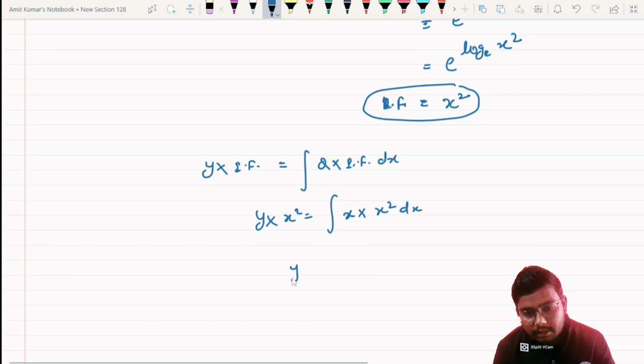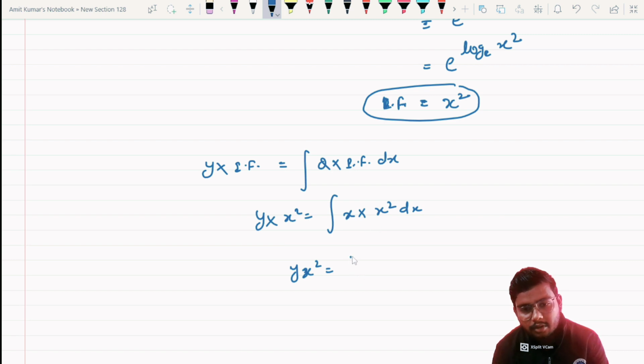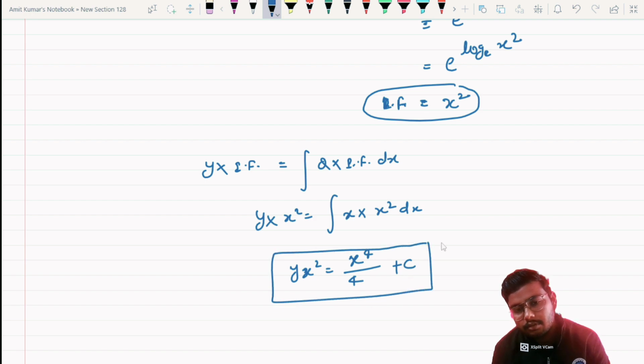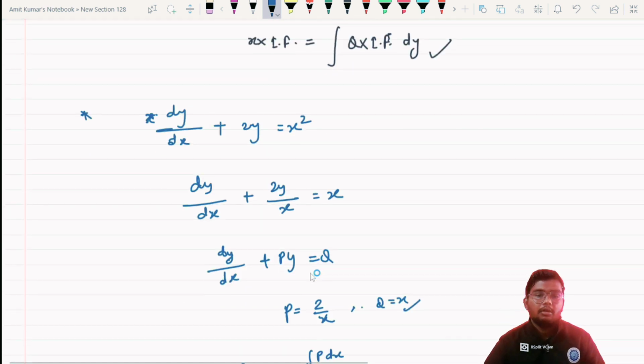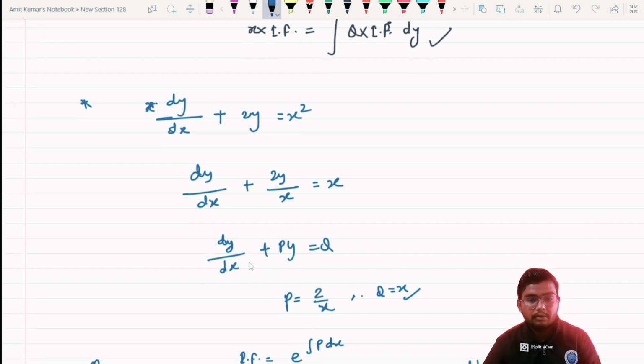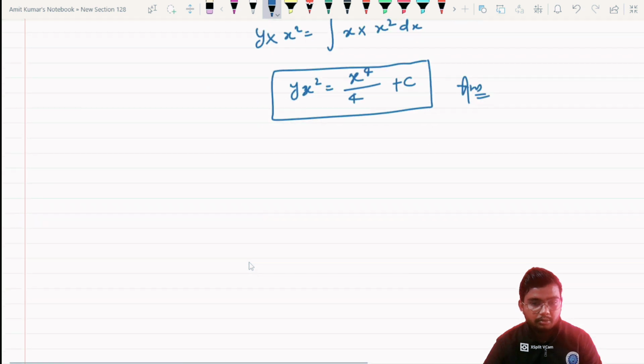So y times x square equals the integral of x cube, which is x to the power 4 by 4, and one constant will also come. This will be our answer. Like this we can solve. This question was in the form dy by dx plus py equal to q, but we can have one more question like dx by dy plus px equal to q. We'll see that one also.